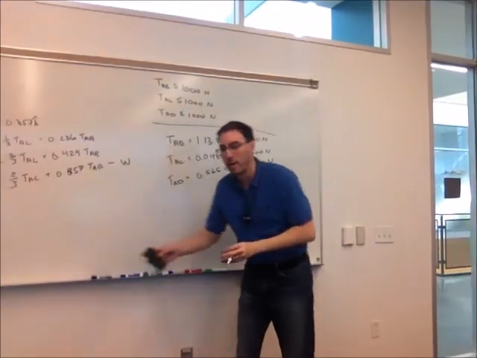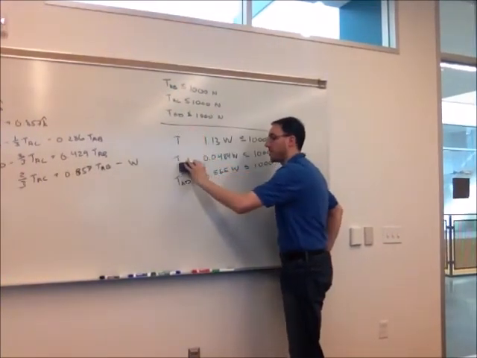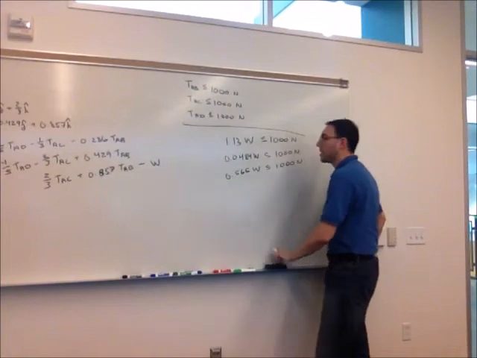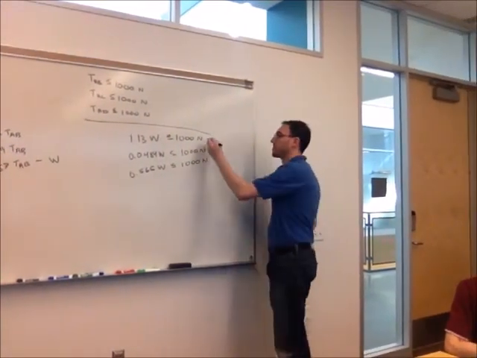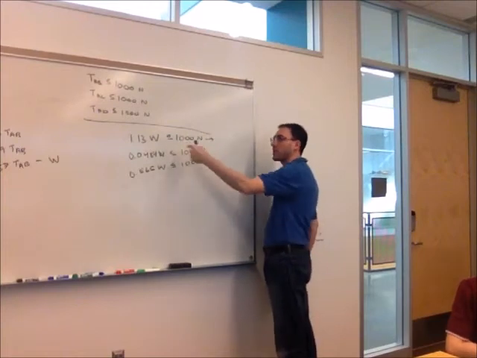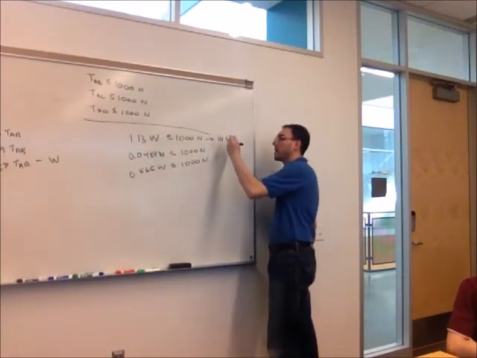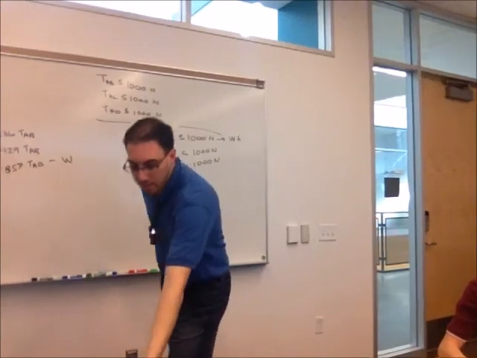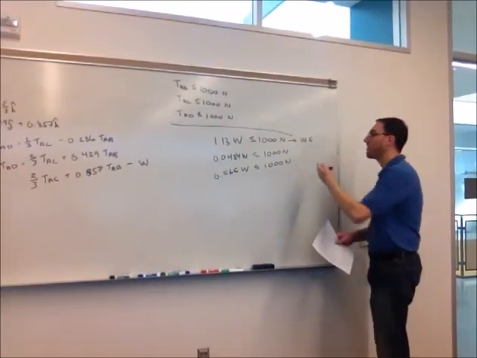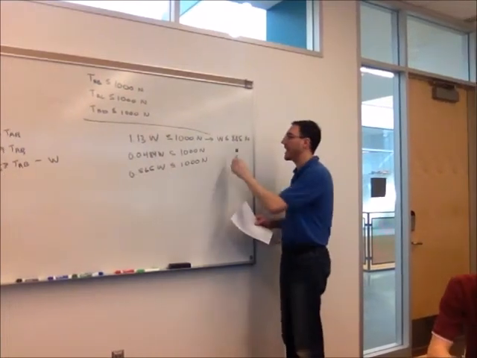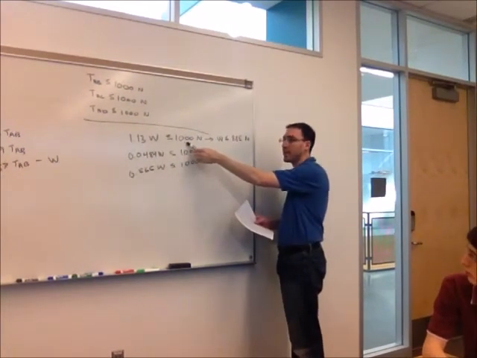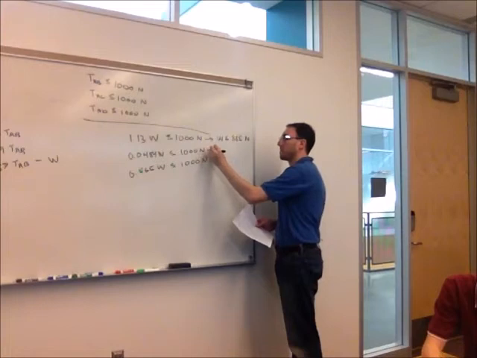So for clarity, I'm going to get rid of this stuff. These three things must be simultaneously true. So rearranging the first inequality, this tells me that the weight has to be less than 885 newtons. So again, how we can interpret this is, at 885 newtons, the tension in AB would be 1,000 newtons.